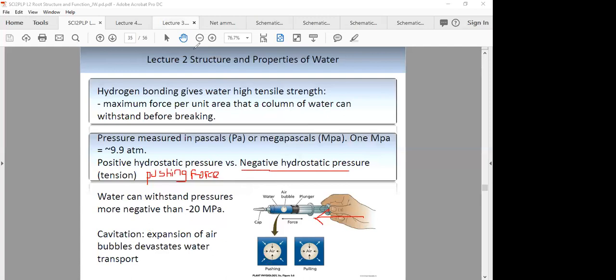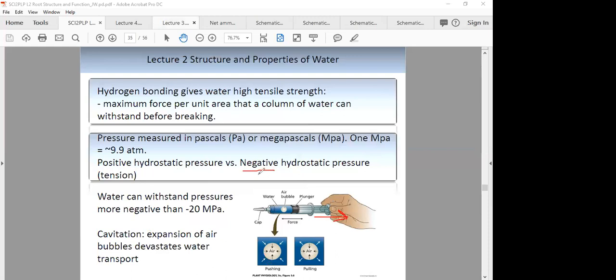Tell me how you would demonstrate that using the syringe. How would you demonstrate negative? Yes, absolutely right. You would actually start pulling back on the actual plunger. Yes, pull back on it. So what sort of force is that creating? So remember we said positive is a pushing force.